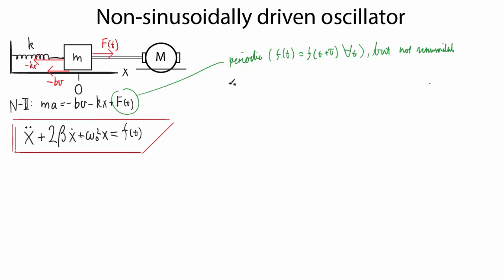Basically, we know that if we have a periodic function, then we can write it in the following form, right? This normalized force, f of t, can be written as follows.